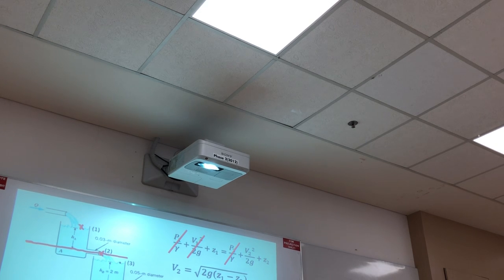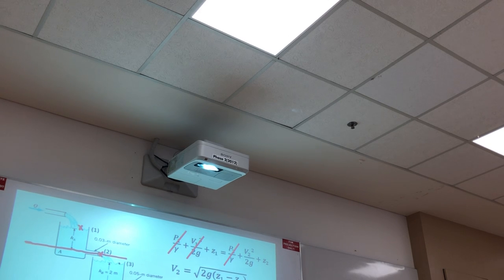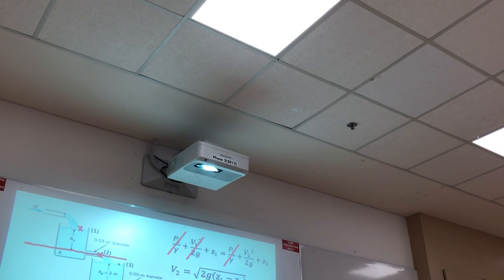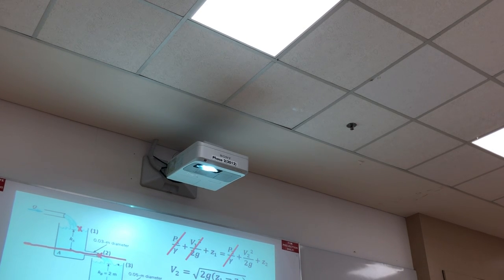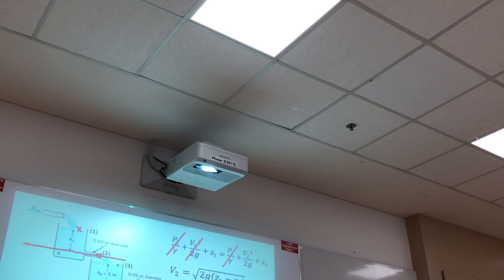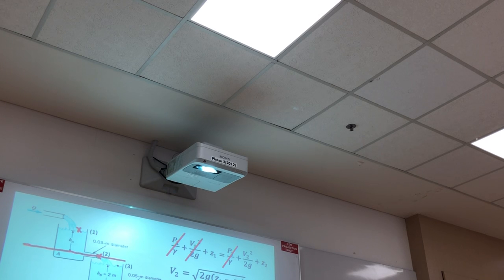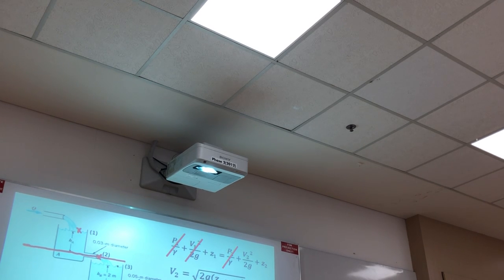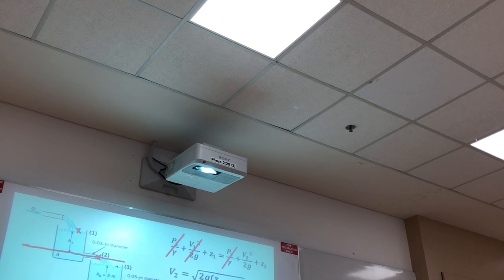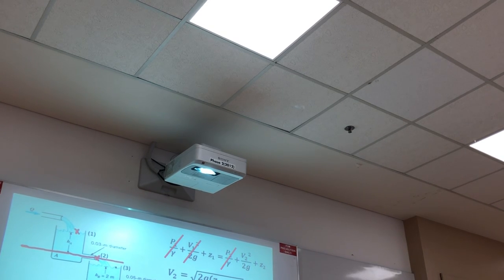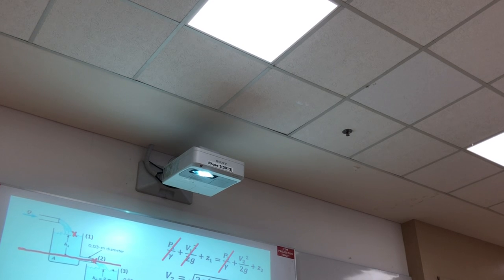Then V2 becomes the square root of 2g HA. Understand? From there, I can get V2.